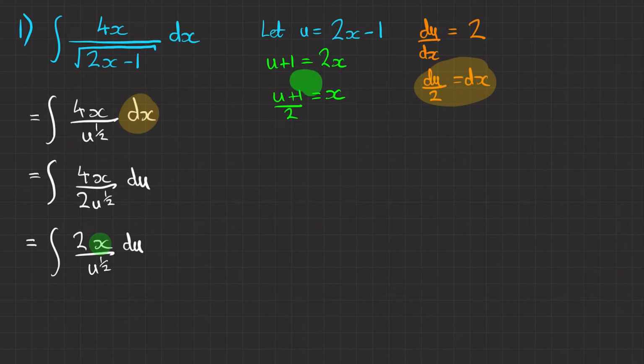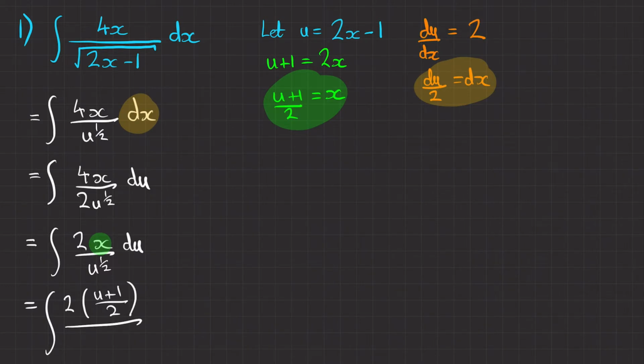So we've now got our x term, which we can substitute in. So we'll have the integral of 2 lots of u plus 1 over 2 all over u to the half with respect to u. This 2 and then divided by 2 cancel out, so at the top we'll then have the integral of u plus 1 over u to the half with respect to u.